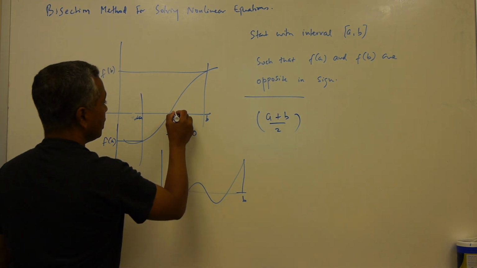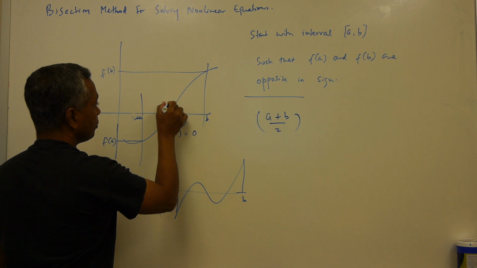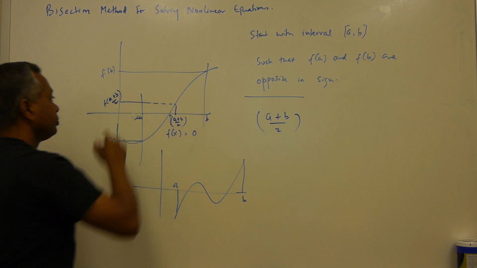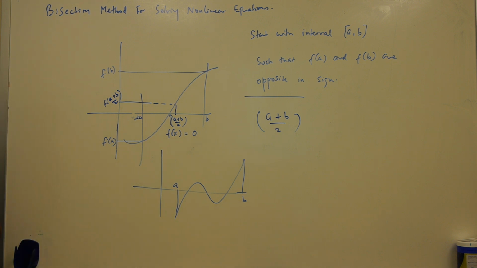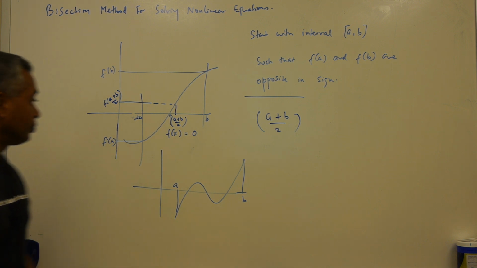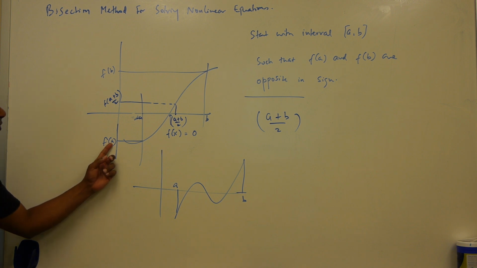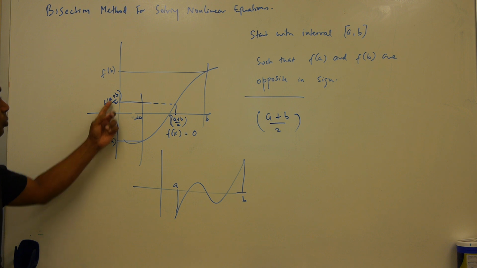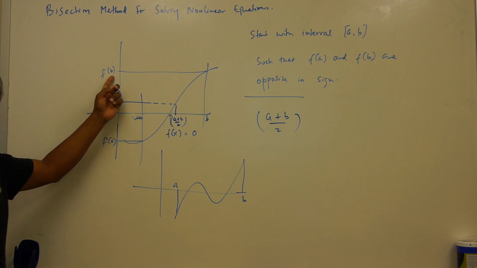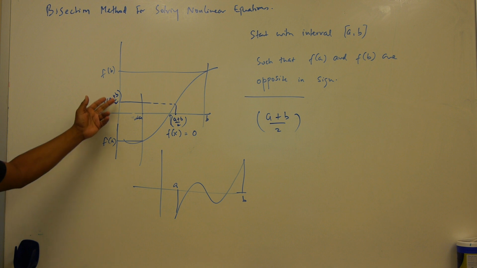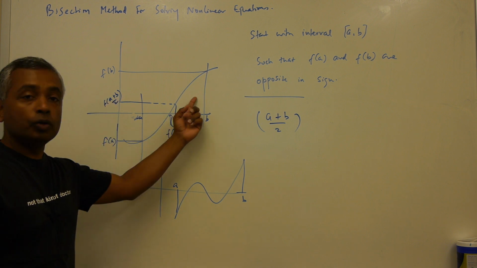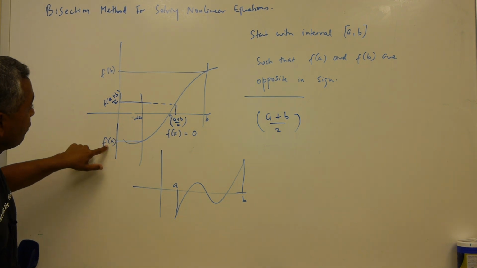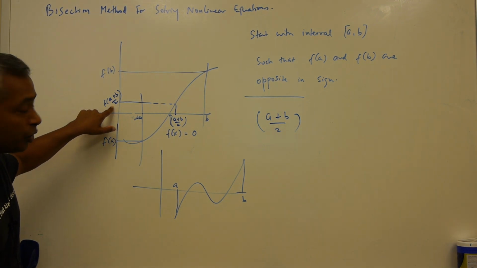Look at the function value at (a+b)/2, f((a+b)/2). So one of two things happens. Either the sign flips between f(a) and f((a+b)/2), or the sign flips between f((a+b)/2) and f(b). Depending on where the sign flips, you're guaranteed at least one root in that particular interval. In this case, you see that the sign flips between f(a) and f((a+b)/2).